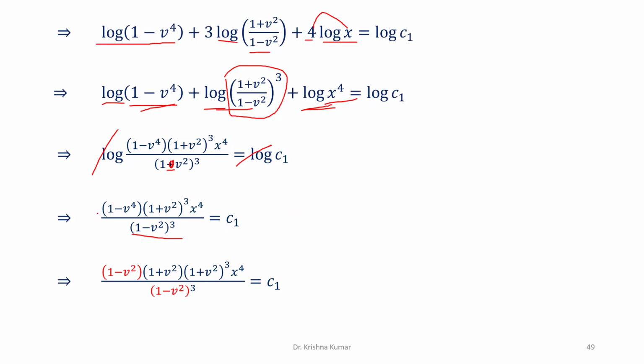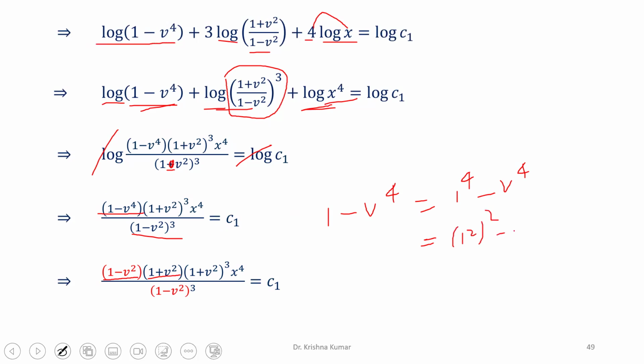Now, this 1 minus v to the power 4 can be written as 1 minus v square into 1 plus v square, because 1 minus v to the power 4 can be written as 1 to the power 4 minus v to the power 4, which can be written as 1 square whole square minus v square whole square. So it gives us a square minus b square, which is 1 square minus v square and 1 square plus v square.